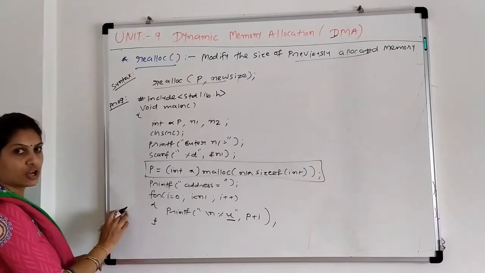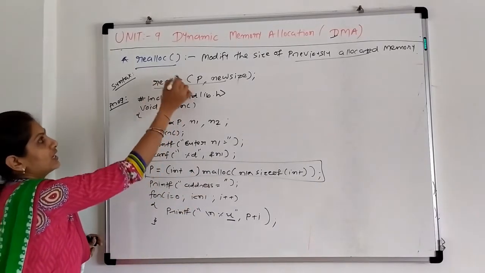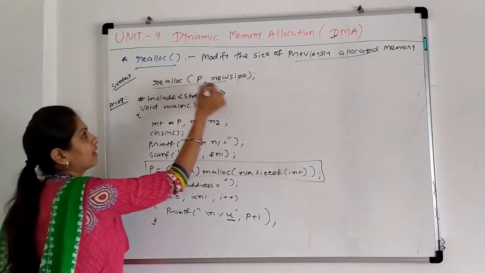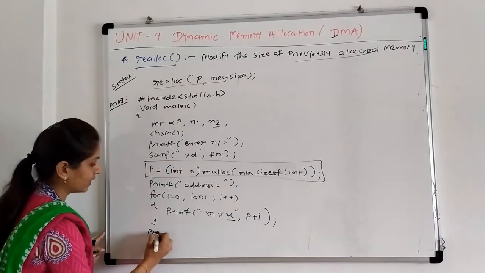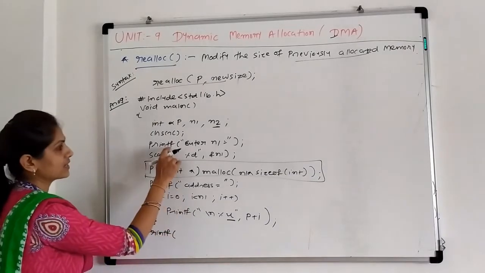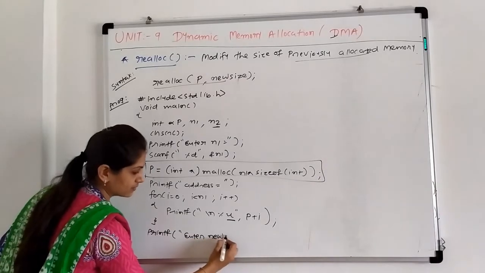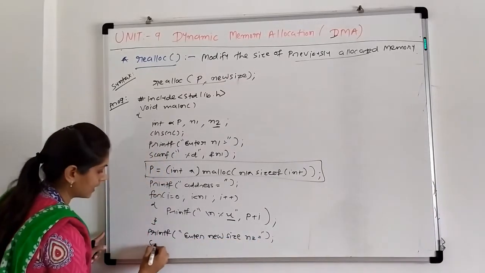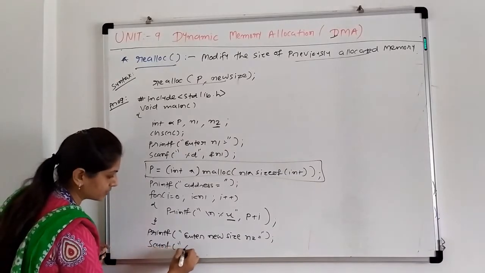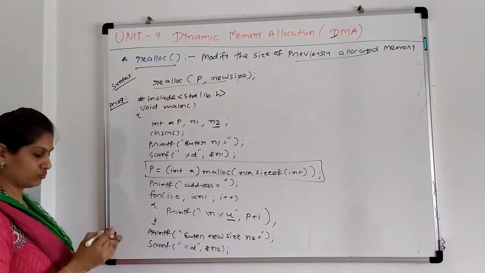This is the concept of a simple program for malloc. Now we have to use realloc. So realloc needs a new size and that is n2. So here we take input: printf enter new size, that is n2, and scanf %d, &n2, that is my new size.